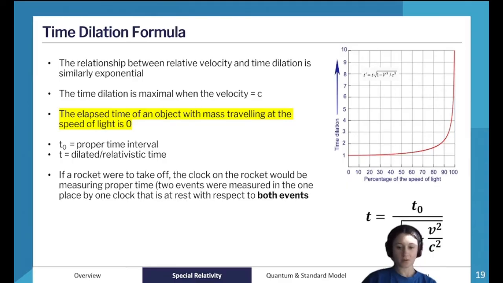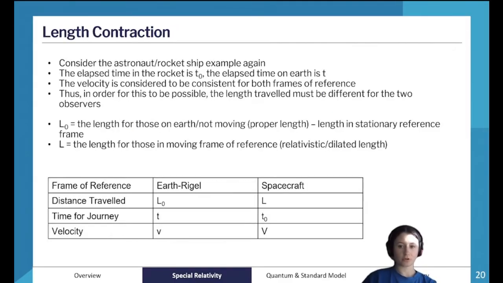So, let's get on to length contraction. So, consider the astronaut rocket ship example again. So, the elapsed time in the rocket is T naught, and the elapsed time on Earth is T. So the velocity is considered to be consistent for both frames of reference.